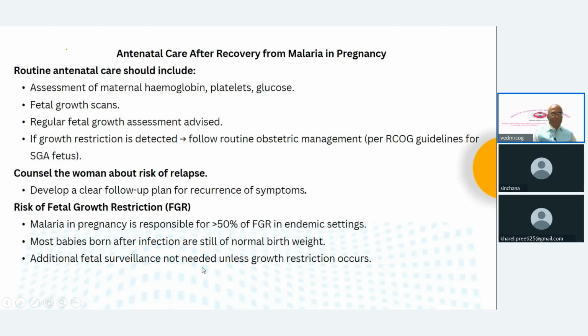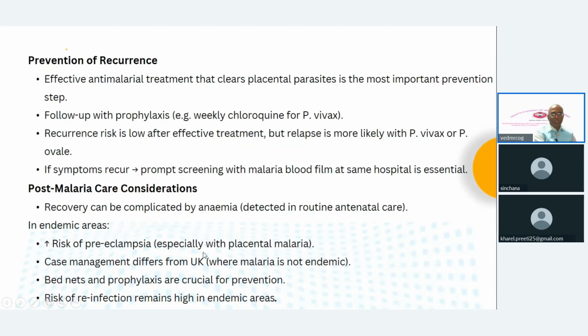Malaria in pregnancy is responsible for more than 50% of FGR in endemic settings. Okay, most babies born after infection are still of normal birth weight, and additional fetal surveillance is not needed unless there is growth restriction. So once you detect growth restriction, then go for surveillance. Otherwise, the diagnosis of malaria alone is not an indication for surveillance for SGA.